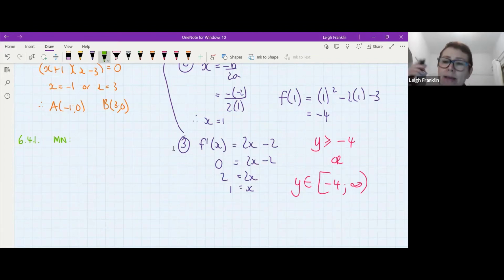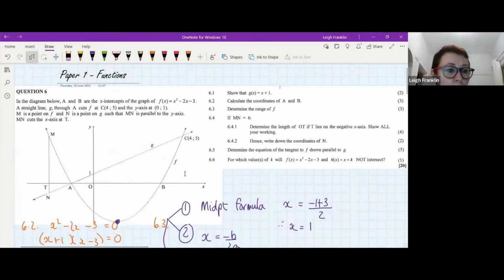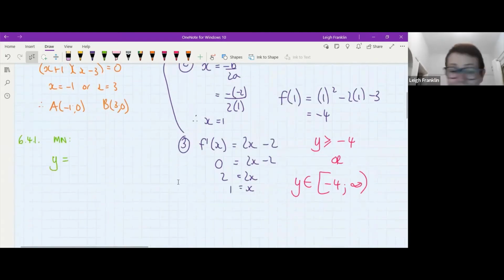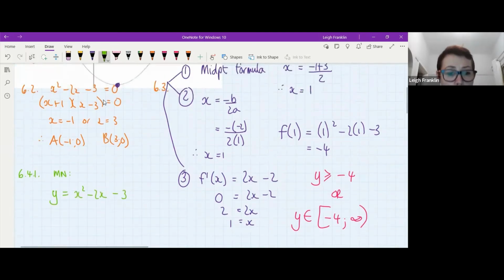So MN is a Y, isn't it? MN is a difference in Y. Now, M is a point on the parabola, N is a point on the straight line. So in order to get the vertical length of MN, we would have to say y is equal to x squared minus 2x minus 3, minus, the y on M minus the y on N, x plus 1.